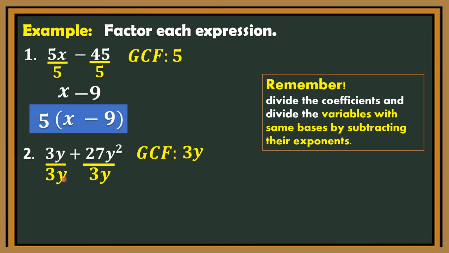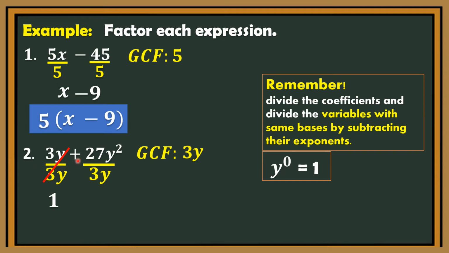Therefore, we can subtract their exponents. What is the exponent of y here? 1. How about y here? Also 1. Let us subtract the exponents. That is 0. Always remember, in the law of exponent, if we have 0 exponent, that is 1. Therefore, 3y divided by 3y is 1.